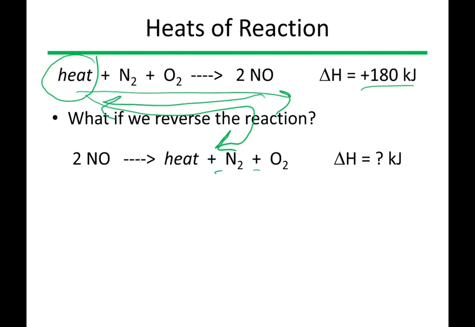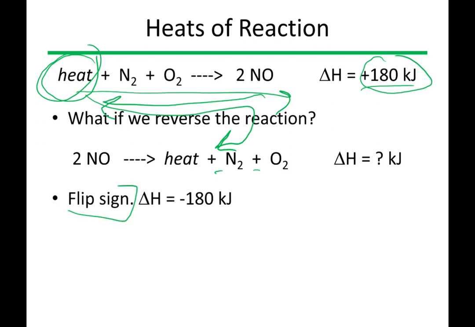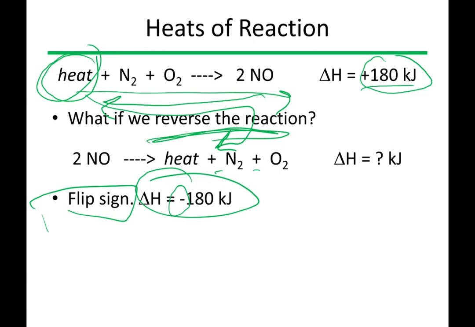That means this reaction went from being endothermic to being exothermic. It has the same magnitude of energy, but we'll be releasing instead of absorbing it, and so we flip the sign. The delta H in this case is negative 180 kilojoules. So if we reverse any reaction, we flip the sign of delta H.